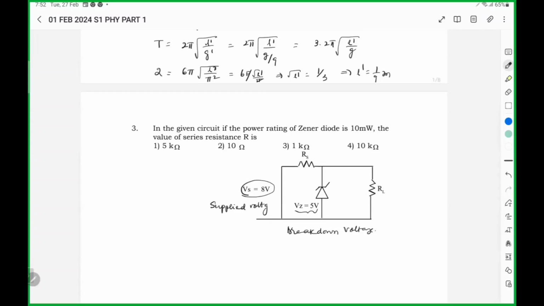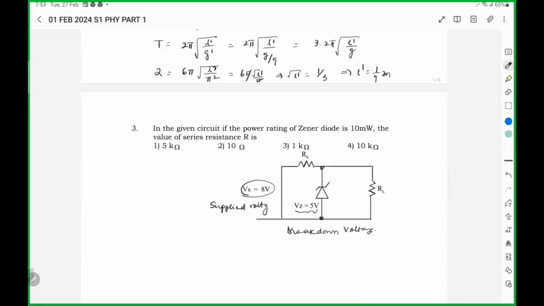Particularly, it is utilized for voltage fluctuations. So the voltage drop across the Zener diode will be 5 volts irrespective of the supplied voltage.